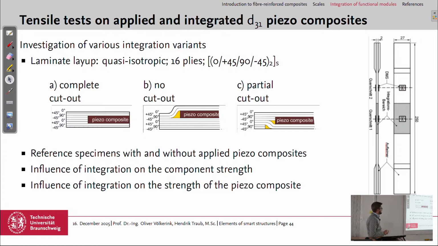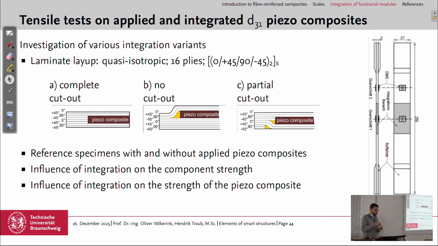So coming back again to the different integration possibilities, this was investigated with simple tensile tests again, but these tensile tests are different than the ones we saw before.